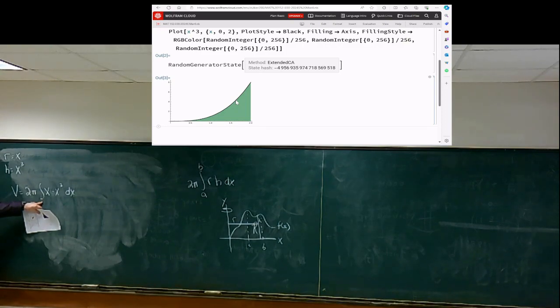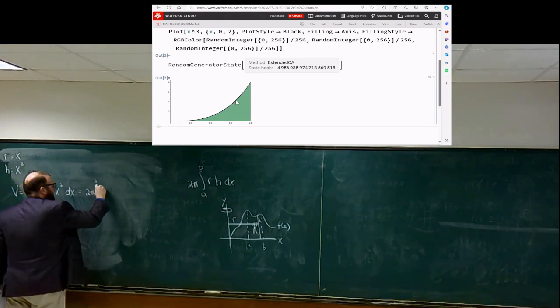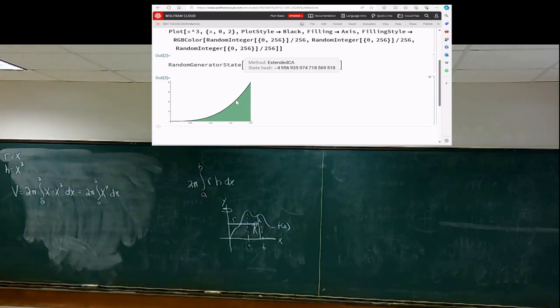What are the limits of integration? 0 and 2. 0 to 2. Yeah. This boils down to just 2 pi times the integral from 0 to 2 of x to the 4th.